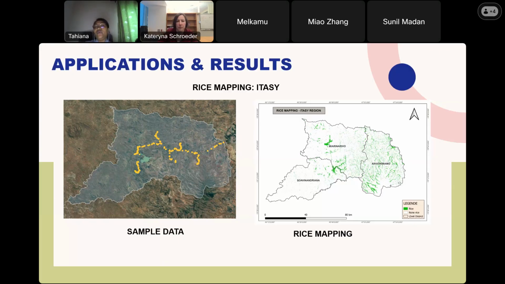So that's why we wanted this rice mapping, and we have data for Itasy and Vakinankaratra to calibrate the CropWatch platform. So this is the result of rice mapping using the CropWatch platform.